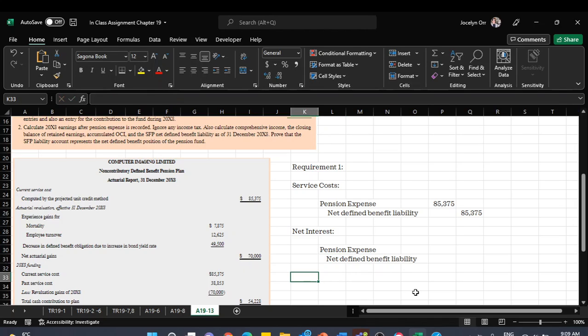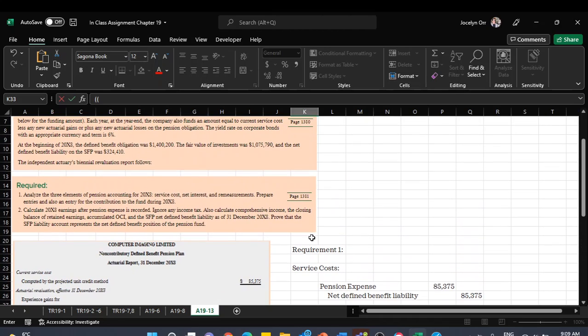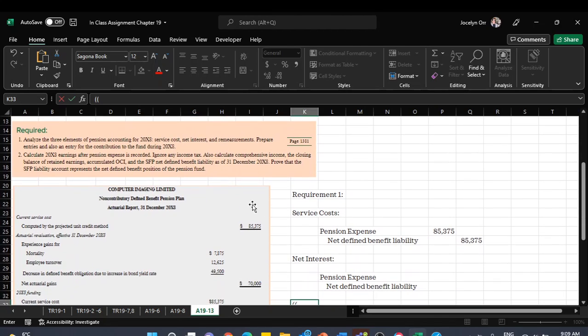Okay. So to calculate our net interest, remember I said we're going to need that number later, that defined benefit obligation of $1,400,200.